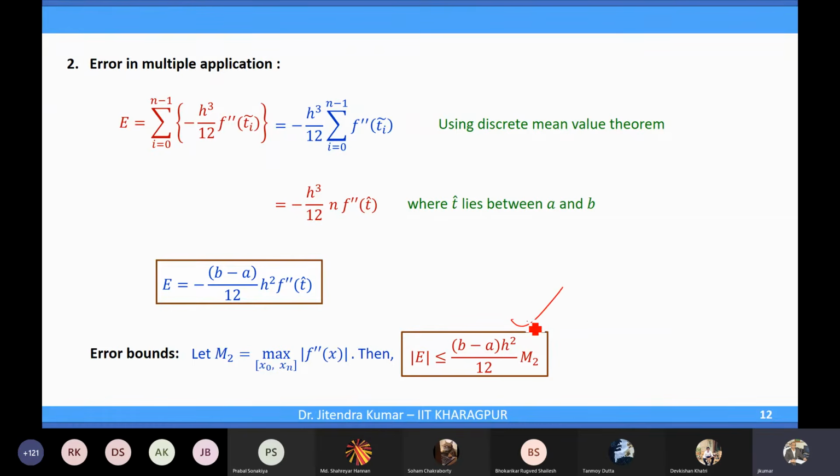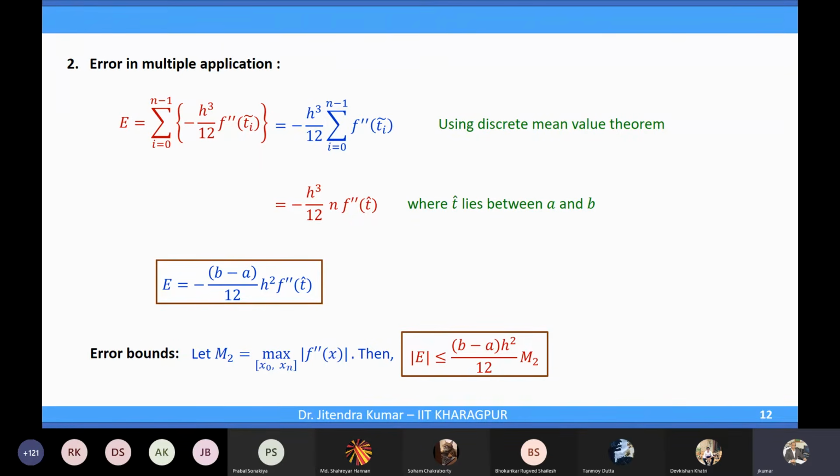That error will always be bounded by this. So if your h is small, you will have a small bound, and your error will be small. It is directly related to h, in fact to h square, so you are quadratically reducing your error, going towards zero.